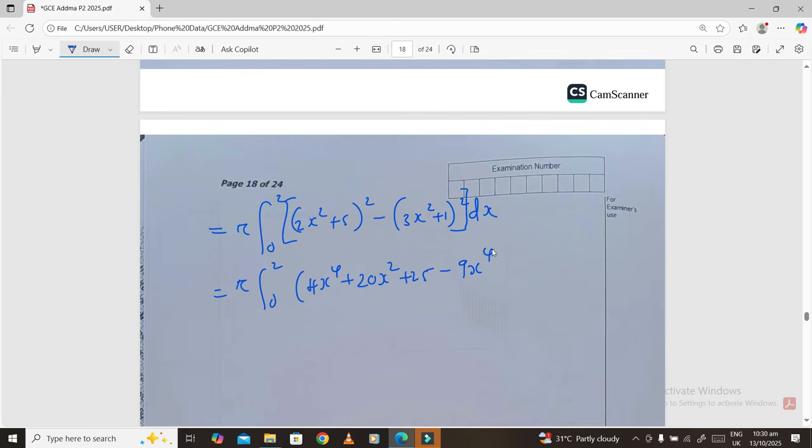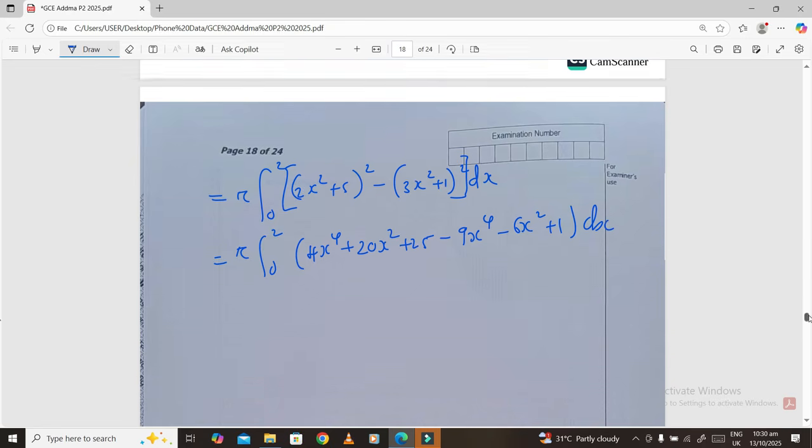And then this one will be minus 6x squared plus 1, dx. We simplify further. This is pi integral from 0 to 2. And then with this and this, we're getting a negative 5x power 4. For this and this, we're getting a 16x squared.